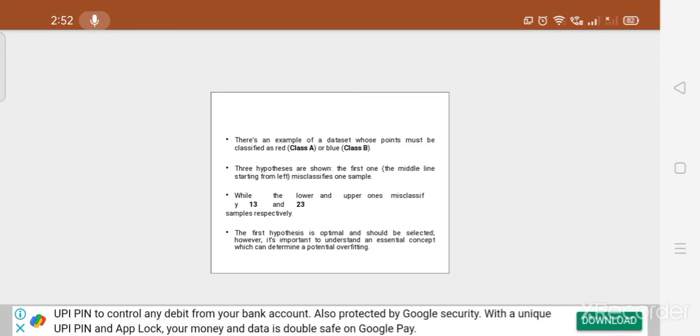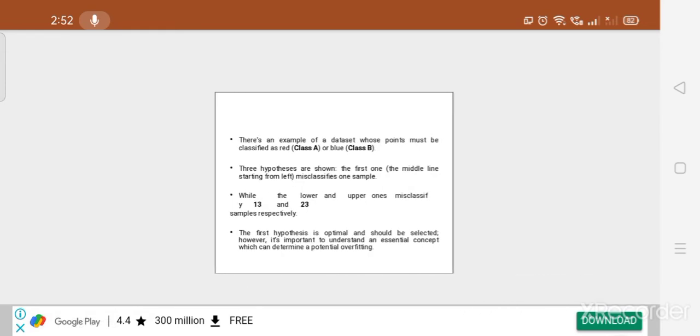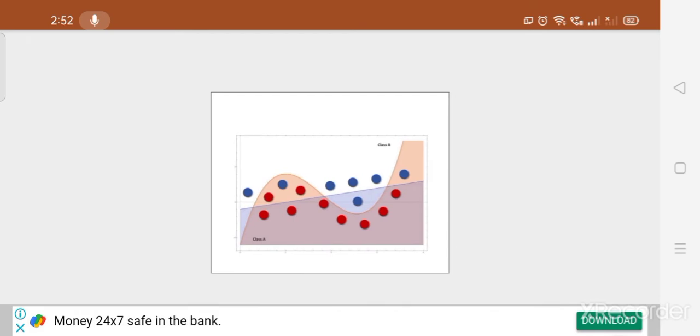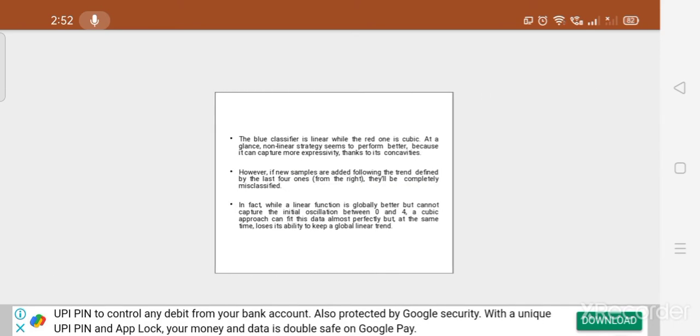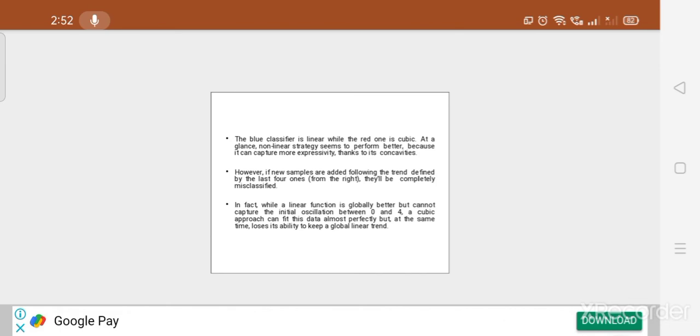However, it's important to understand an essential concept which can determine potential overfitting. Let's see the concept behind that in this figure. The blue classifier is linear while the red one is cubic.